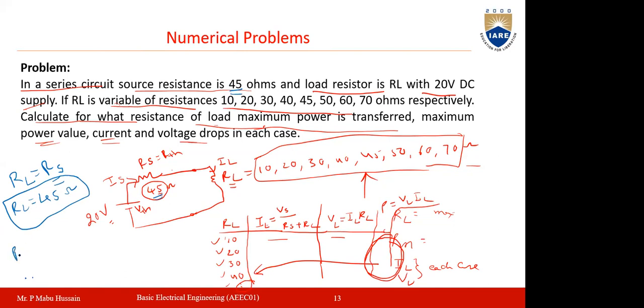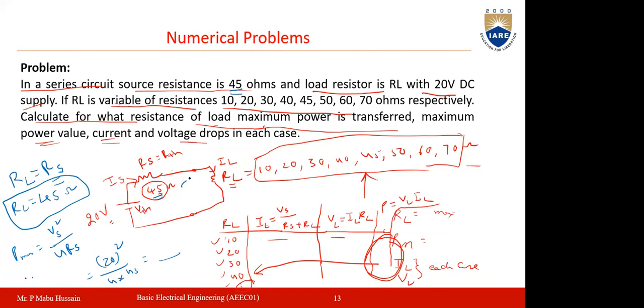The maximum power Pmax equals Vs squared by 4 RS, which is 20 squared by 4 into 45. If you compute this, you get the maximum power transferred to the load.